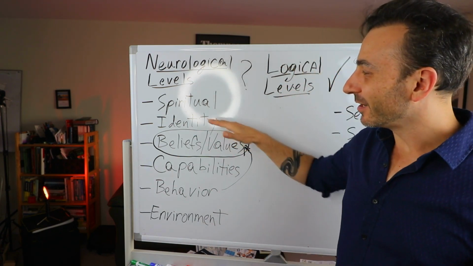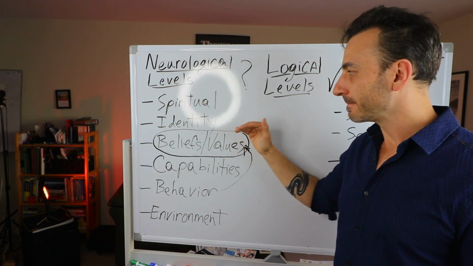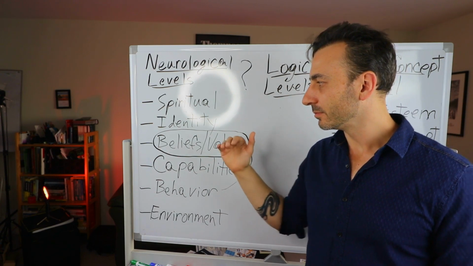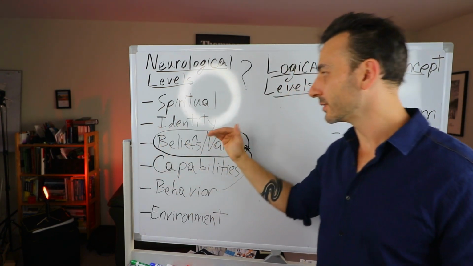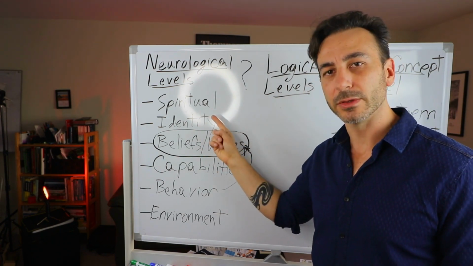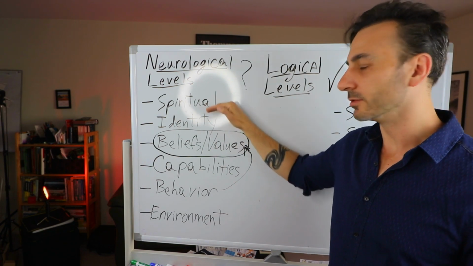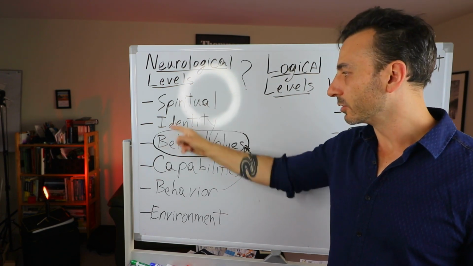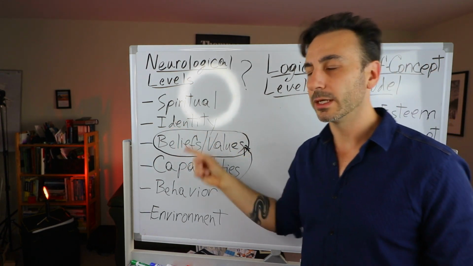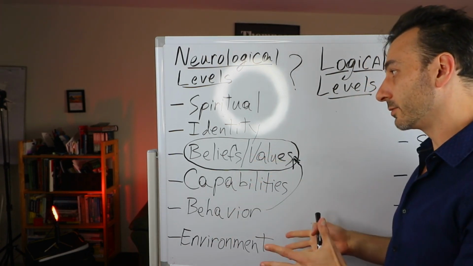So putting spiritual, this idea of being in service to something else, isn't necessarily a logical connection. You might be able to make one, but you would have to get more specific about this. It's not specific enough to say that this is a more general logical level. A more general logical level, as we will see over here, is how you evaluate your identity.